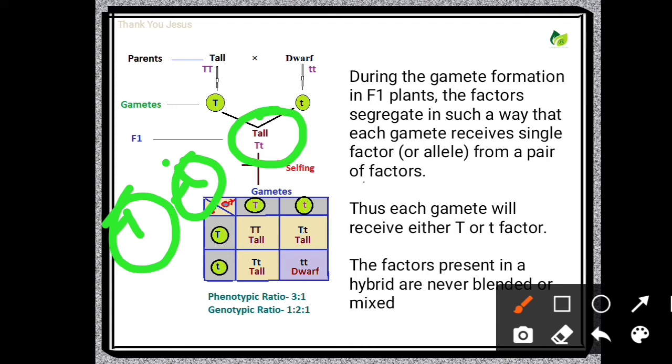So, either capital T is present in one gamete or small t is present. Thus, each gamete will receive either capital T or small t. The factors present in a hybrid are never blended or mixed. It should be remembered.